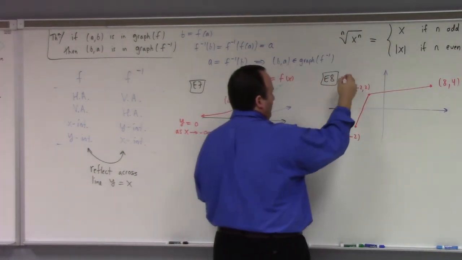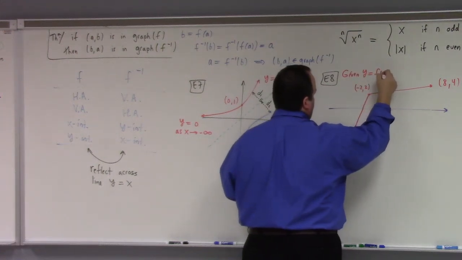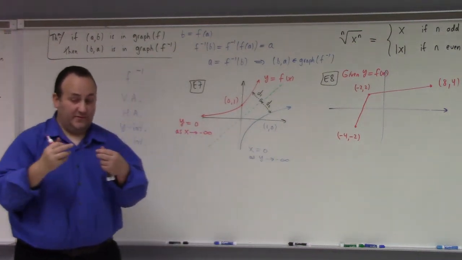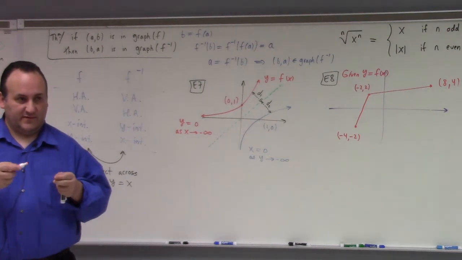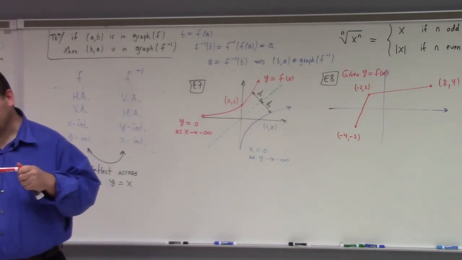So this is your given y equals f of x as pictured. Then the whole problem, this is what appears on the test, is: graph the inverse function given this graph. How would you do it?